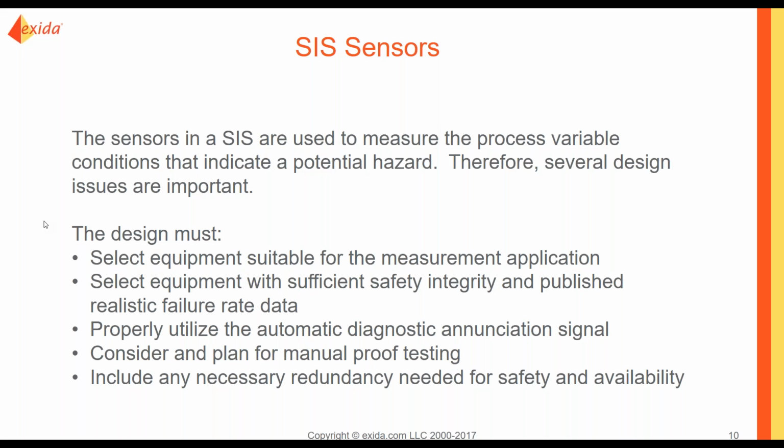The sensors in a safety instrumented system are used to measure the process variable conditions that indicate a potential hazard. Therefore, several design issues are very important. The design must select equipment that is suitable and has sufficient safety integrity, equipment that has realistic failure rate data.